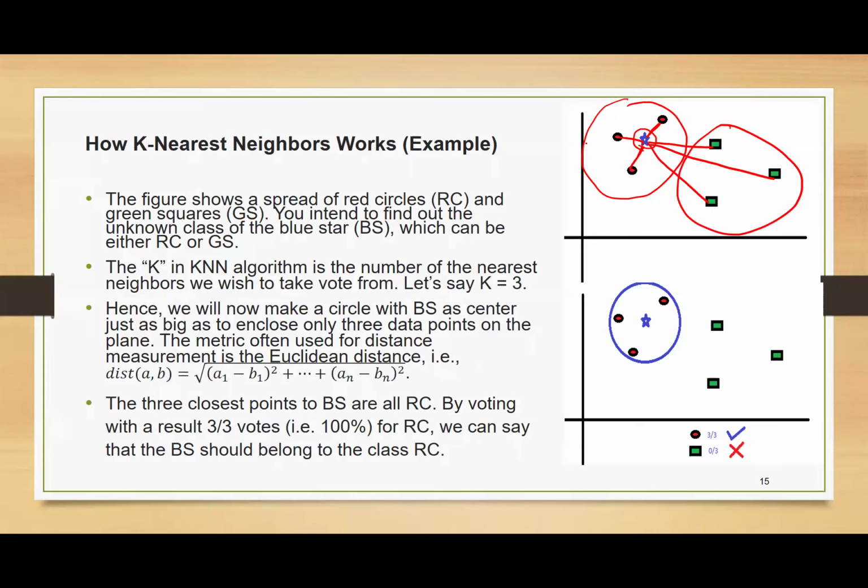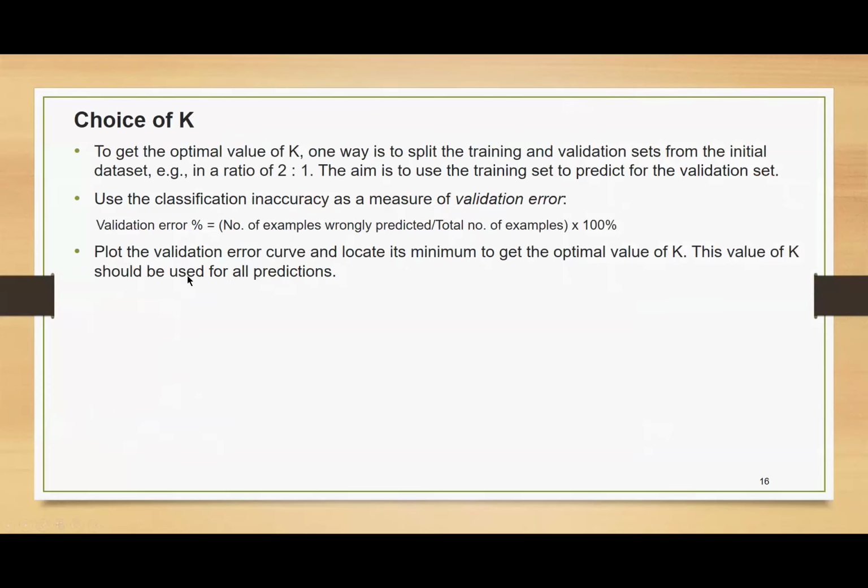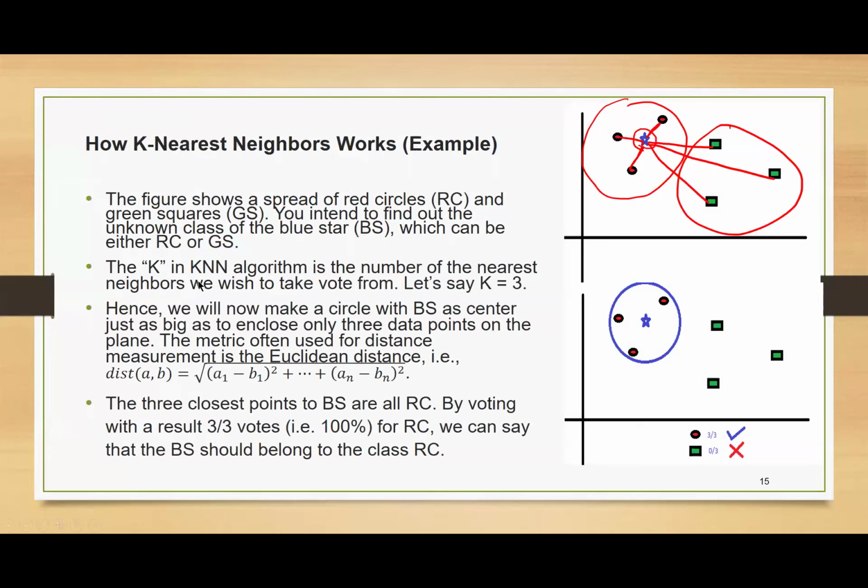But there's one thing that we need to set, which is the K. The K in KNN refers to the number of nearest neighbors that we wish to take to vote from.